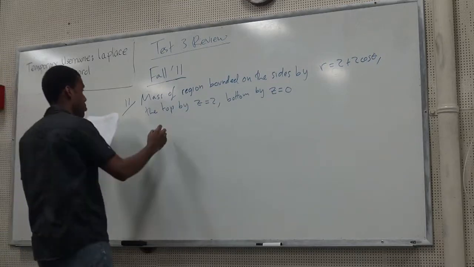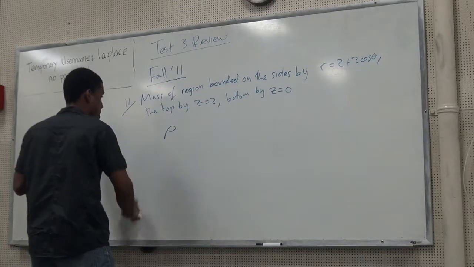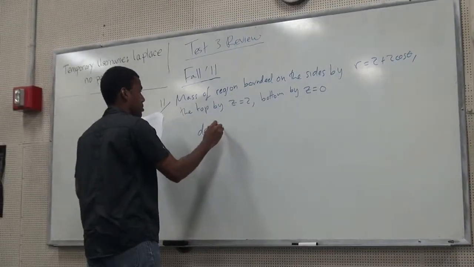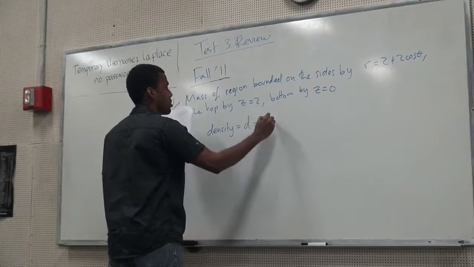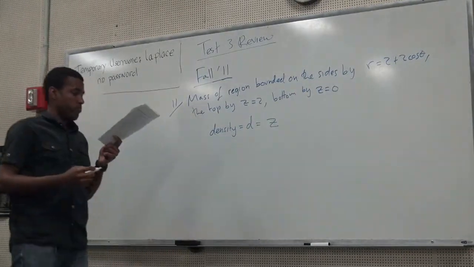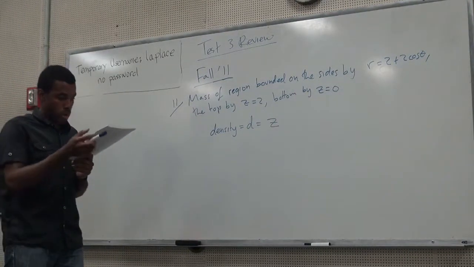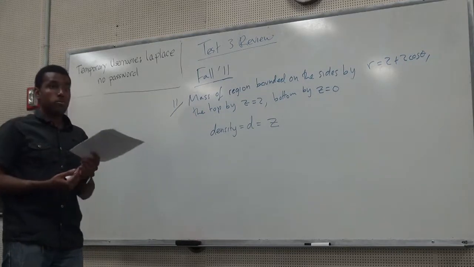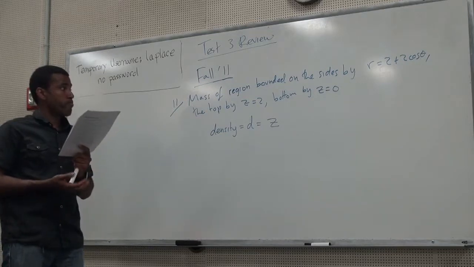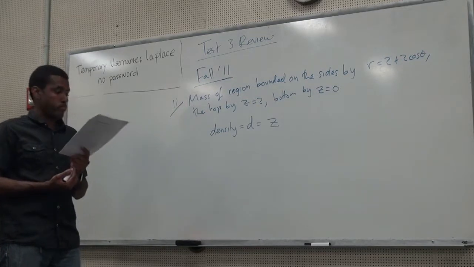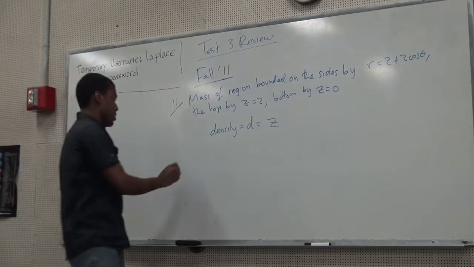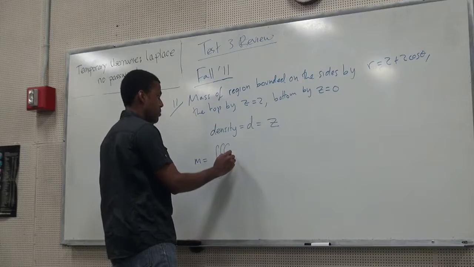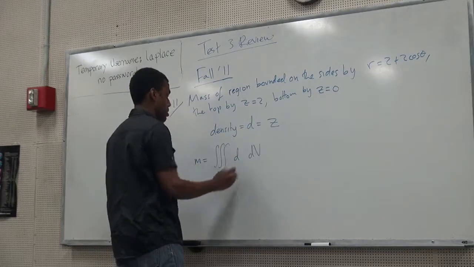Here we also have the rho, the density. Let's call it d, is equal to z. So it's equal to the distance from the xy plane. Okay, so how would we do this one? The mass is just the triple integral over the region of the density dV.